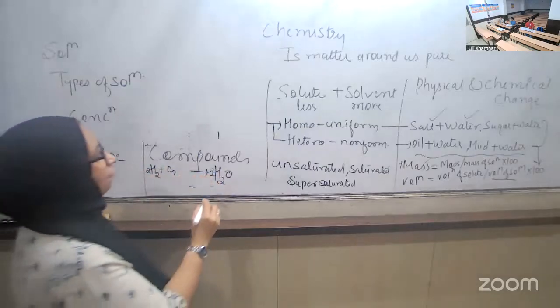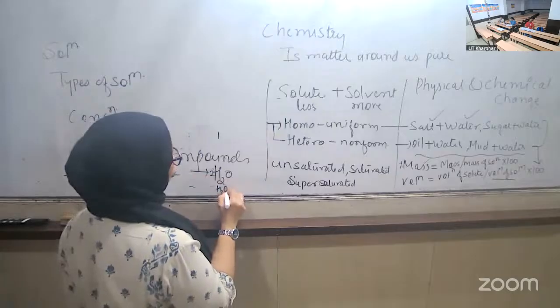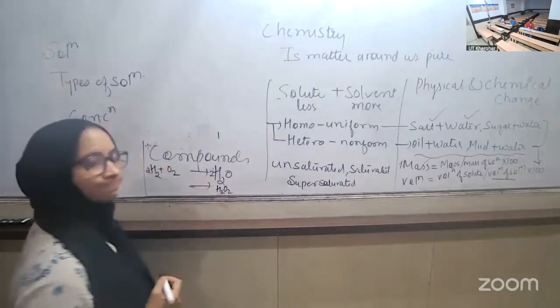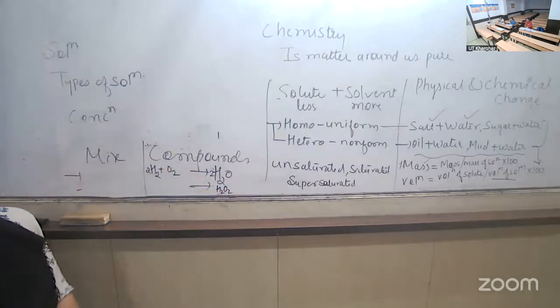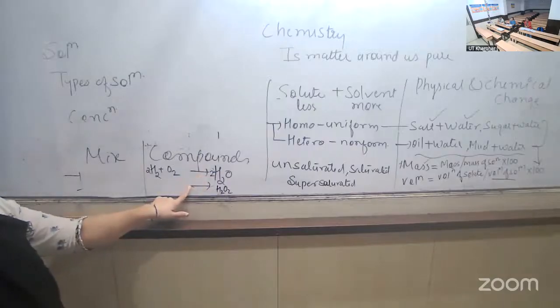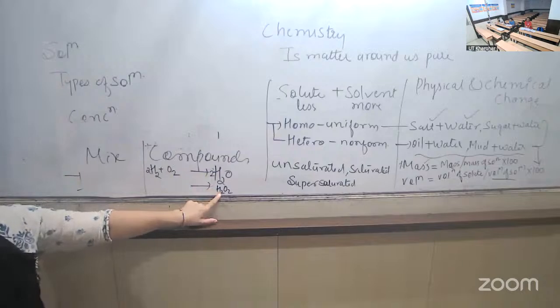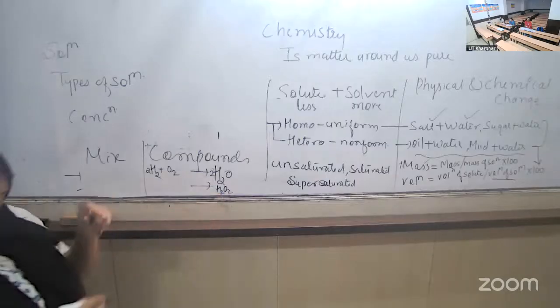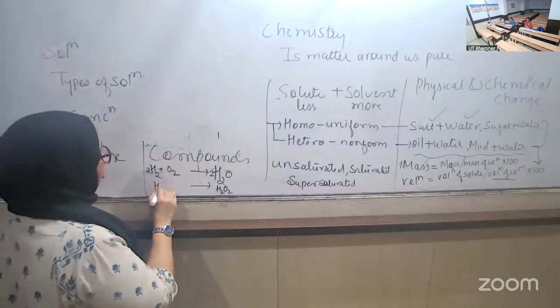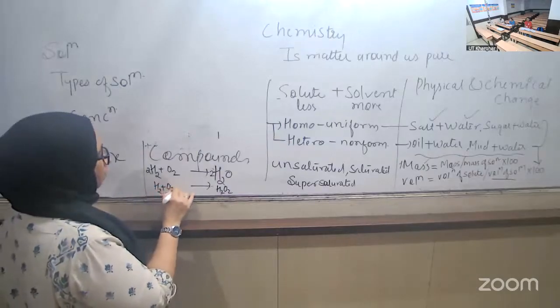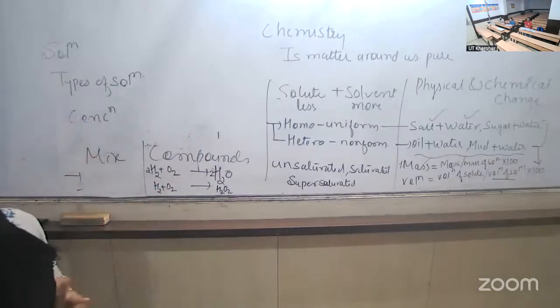Okay. If I want to prepare H2O2, look, there is a very slight difference. This is H2O. Here it is H2O2, hydrogen peroxide. So what will be formed? Which are the elements? Again, hydrogen and oxygen. What about the proportion? Is the proportion the same or different? Different.